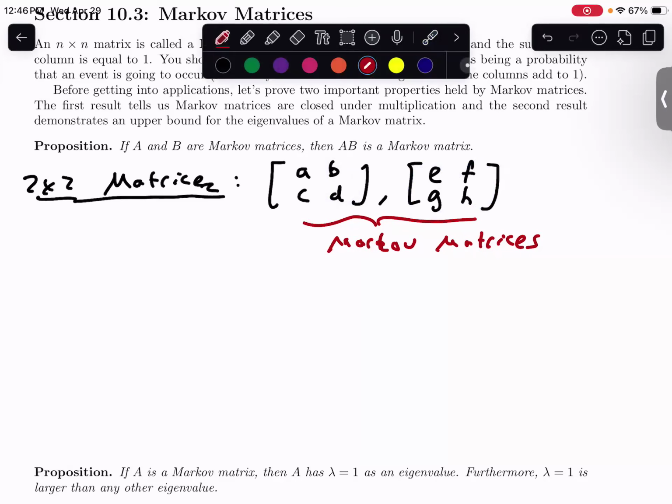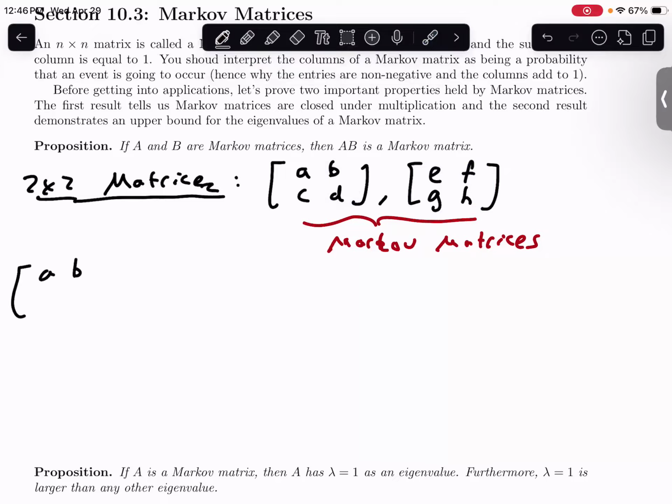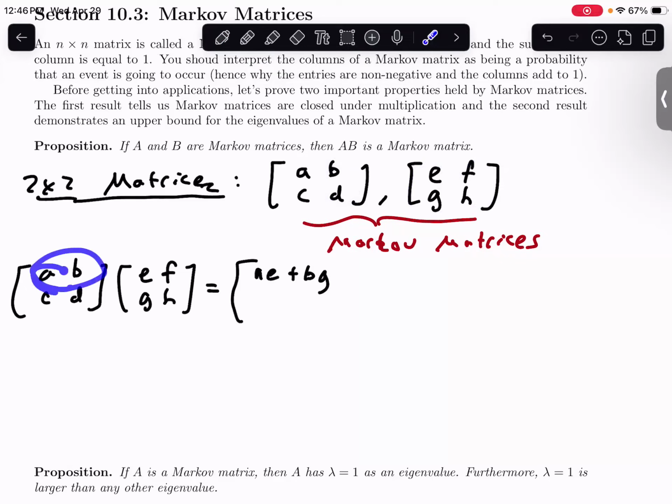And so if I perform the matrix multiplication of these 2 matrices, we have A, B, C, D, then we have E, F, and then G, H. So you end up getting A times E plus B times G. We've done matrix multiplication, so maybe I don't have to explain where this is coming from.